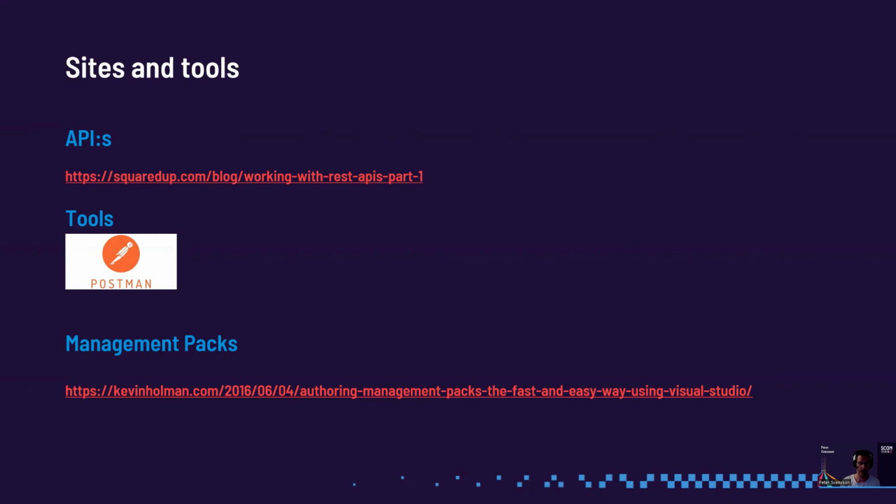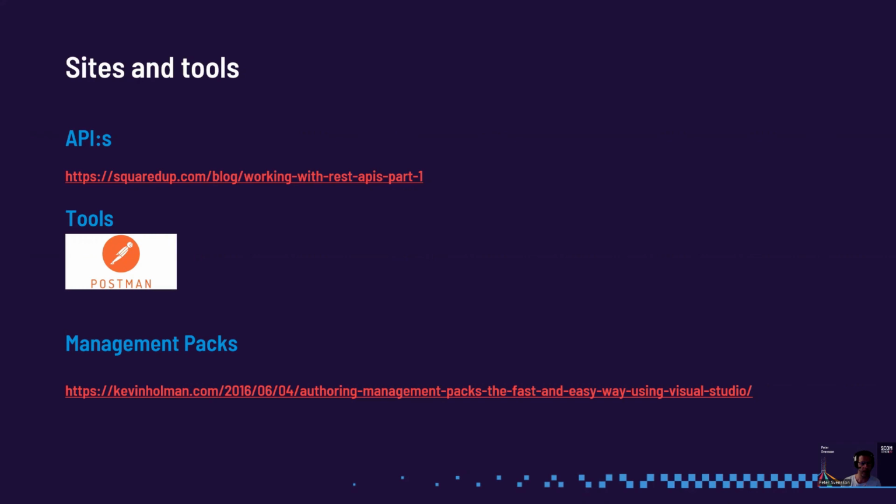That basically explains what the REST API is, how to authenticate with it, and what you get from the results with all the JSON and arrays and everything. It's a good read, I think.